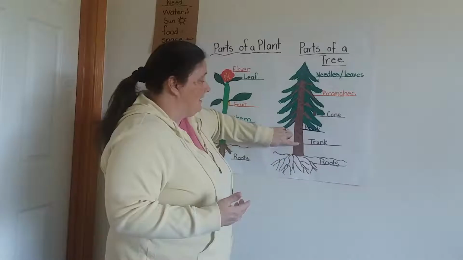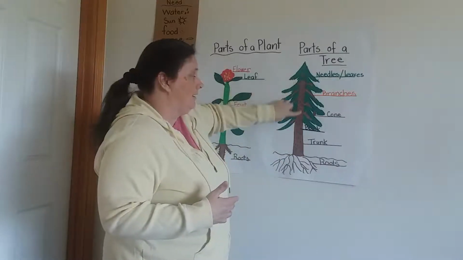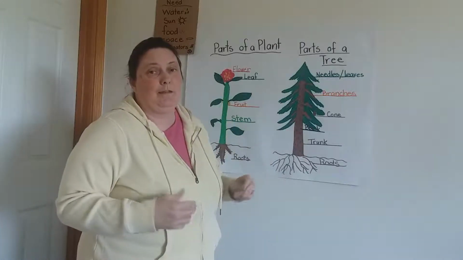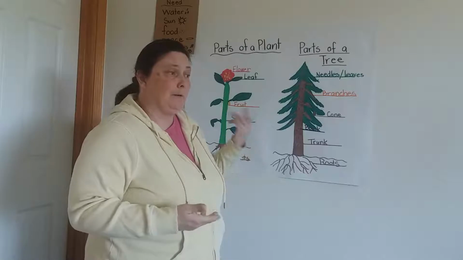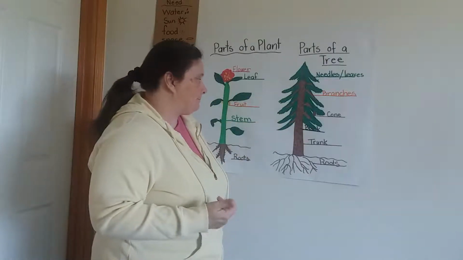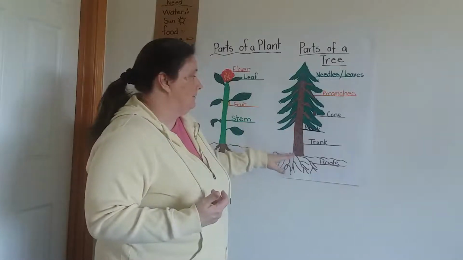And then it continues to grow and get large, and the trunk is similar to the stem of a plant, where it takes the water and nutrients up, but it also brings back down sap as well. Okay.